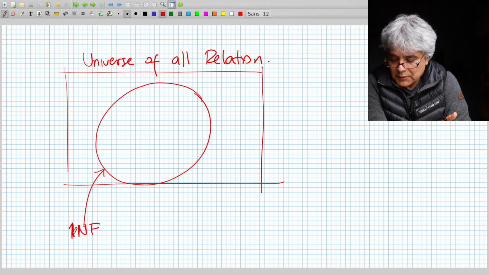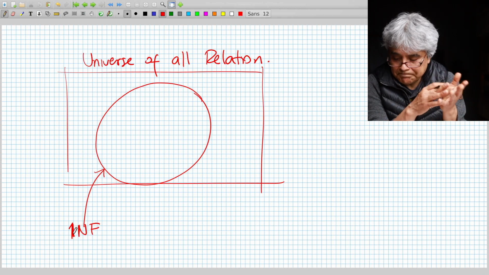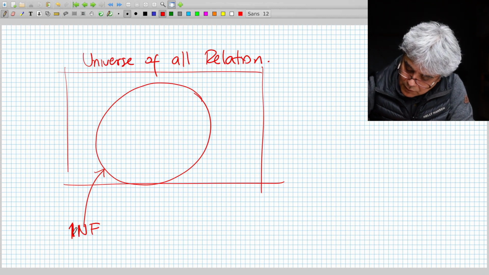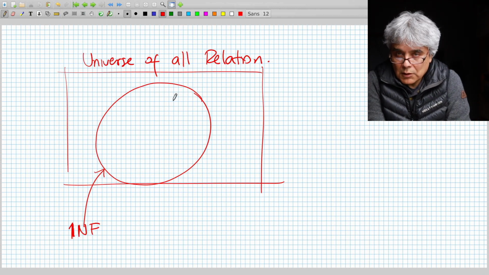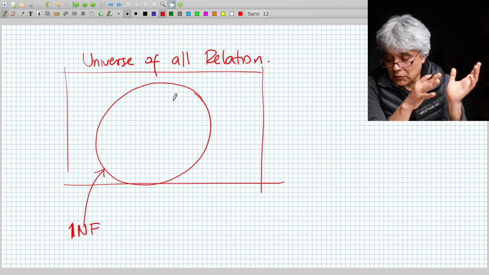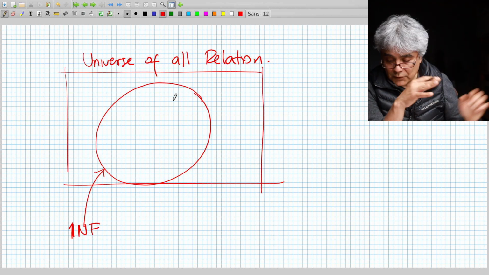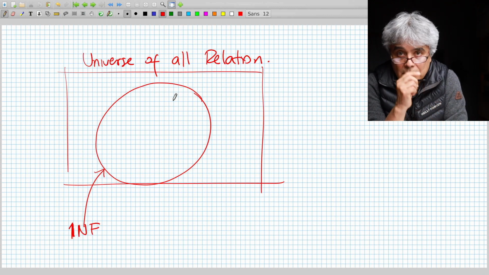So in first normal form, every attribute is atomic. That's the fundamental definition. So our course is concerned only with the relations that are inside this circle. So any of the relations we have talked about so far in the whole chapter of functional dependencies fall into this category. All of them are 1NF.